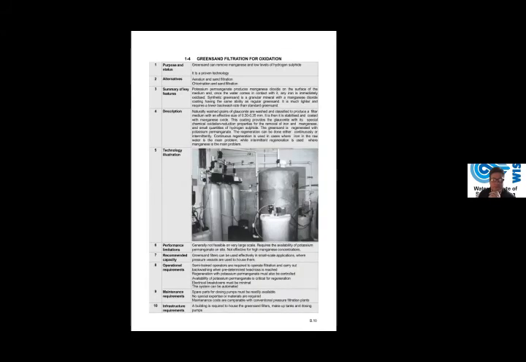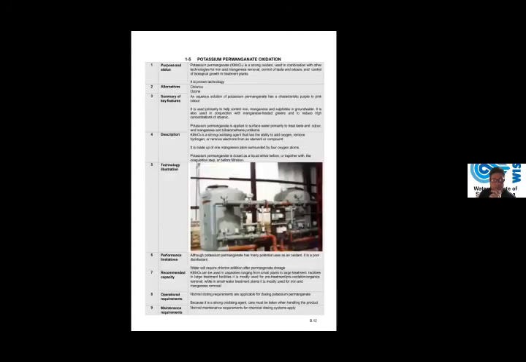Green sand filtration, you can get that basically commercially. The filter medium, that's used quite a lot. Potassium permanganate. So I just want to give you the drift of what these technology sheets look like and how you should use them.